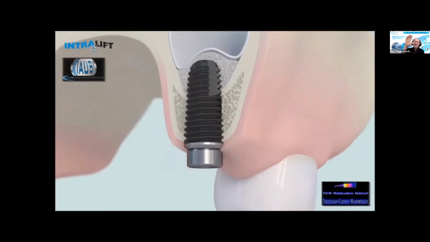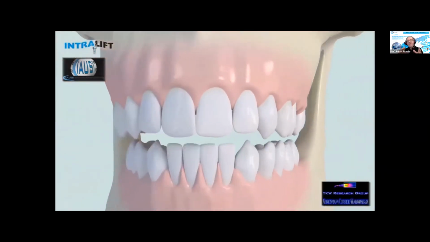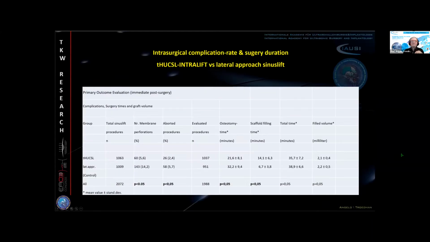In case you have enough remaining bone, you can insert the implant immediately. And then after some 6 to 7 months, you can load the implant. So this is just to give you an idea how this transcrestal ultrasonic sinus lift, shortly called INTRALIFT, basically works.